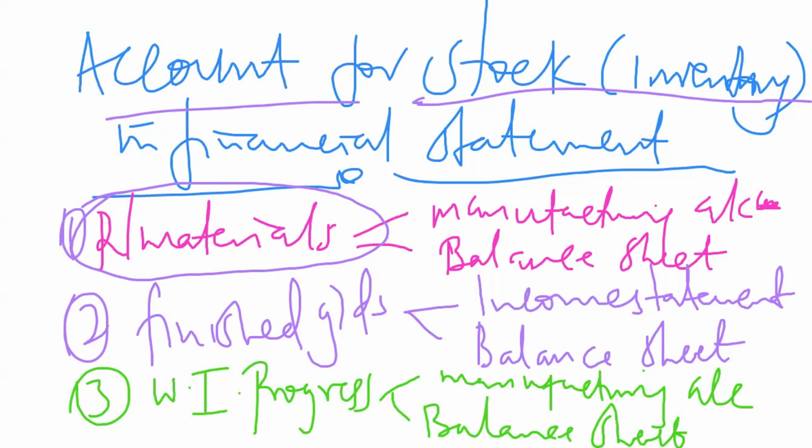So since the closing work in progress is going to be an inventory item, the reason I'm giving you these items is that we need to understand where they belong. As long as they tell us to provide extracts of financial statements, we know where to account for those different things. Therefore, as a stores manager, we are looking at how we can fill the stores ledger card in detail.